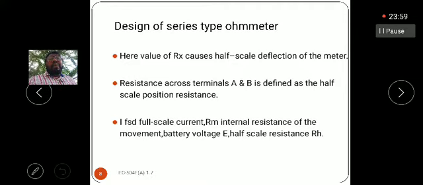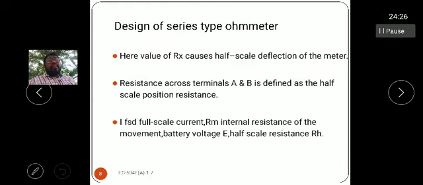Here the value of Rx, the unknown resistance, causes the half scale deflection of the meter. The resistance across the terminals A and B is defined as the half scale position resistance. Here we take the intermediate resistance, then automatically we get the half scale position.